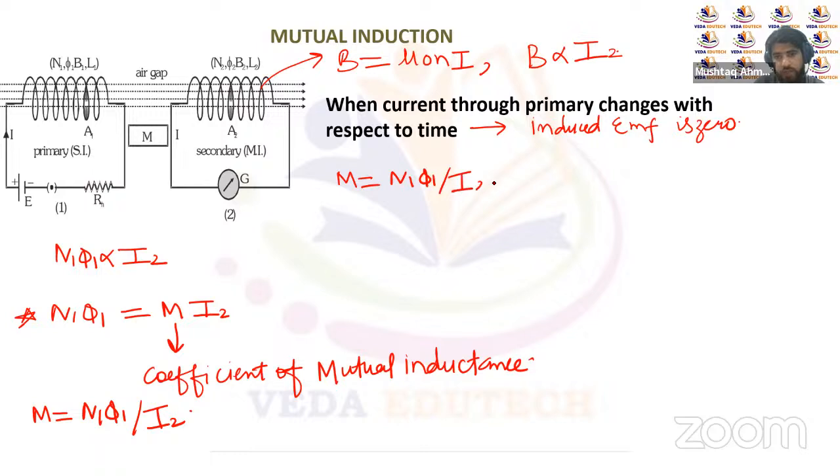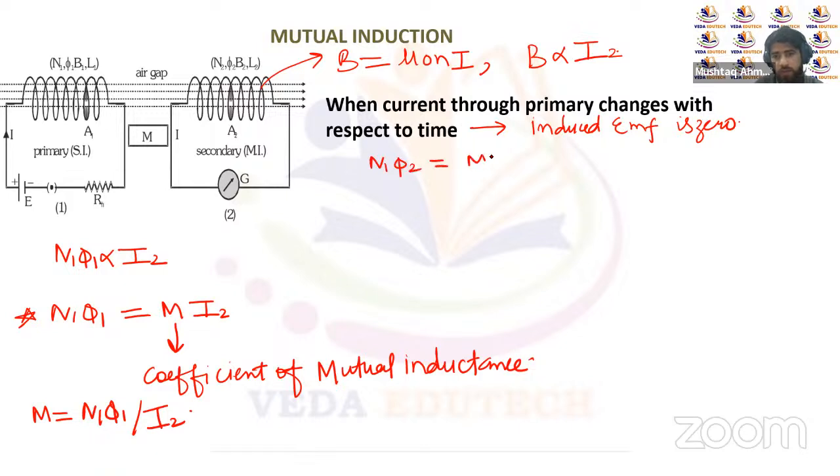Now if we change the current with respect to time, then the flux linked with the primary coil will also change. It means that N1 Phi1 will be equal to M times I2.